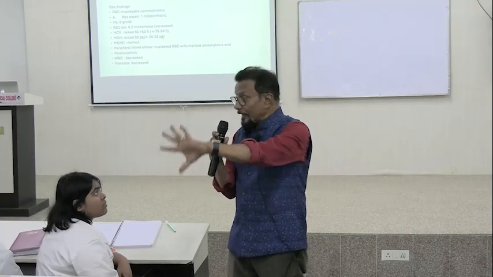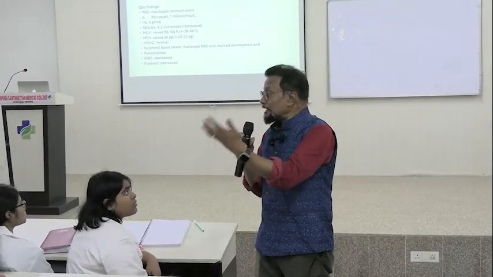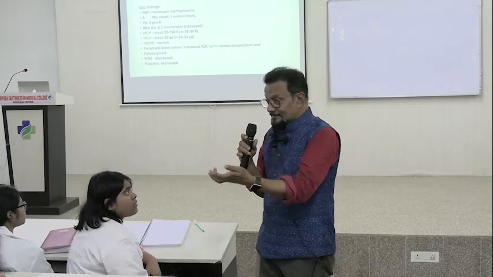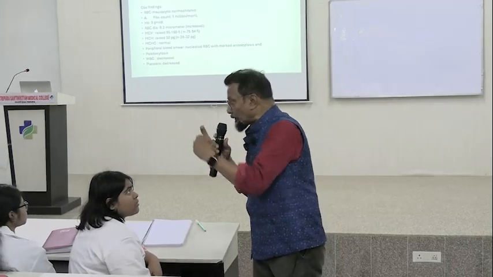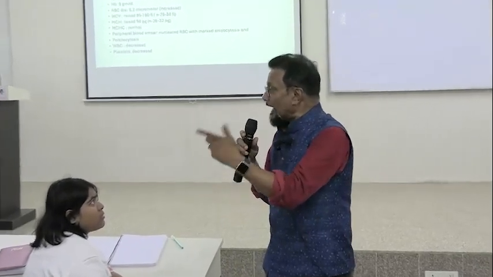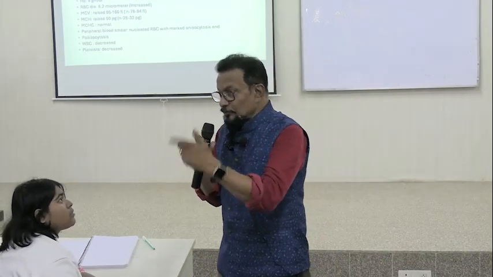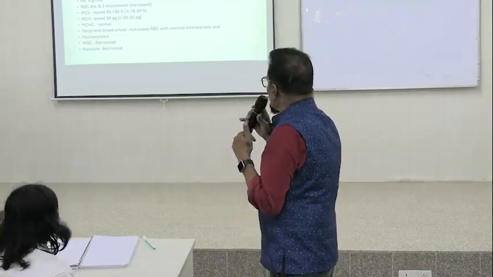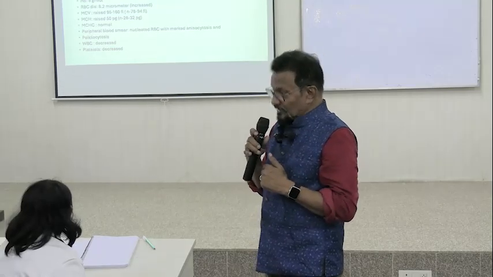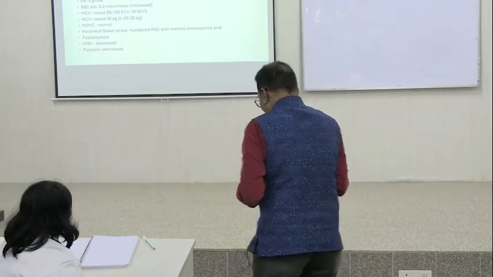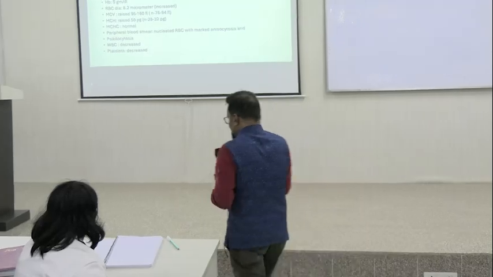And if that is okay, then there is a problem with the thing they are producing, that is intrinsic factor, which is not acting properly, meaning it is inhibited by my immune system. Okay, so that's why we came to the decision that this is pernicious anemia.